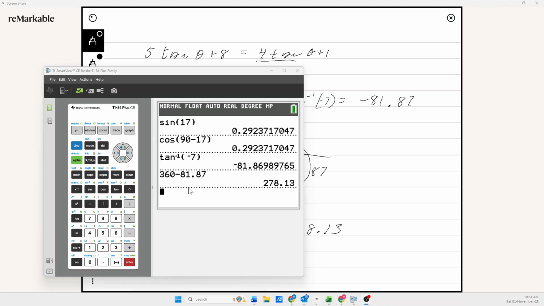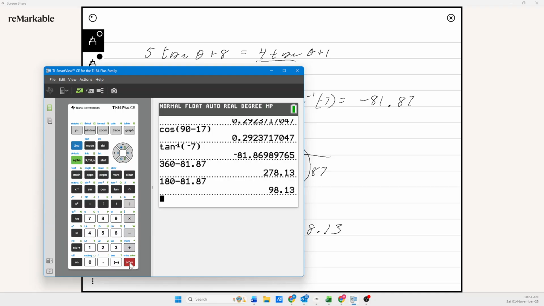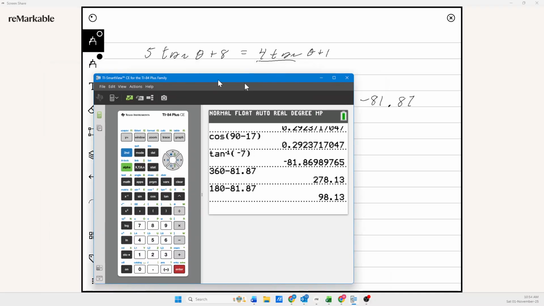The other one, sorry about that, is 180 minus 81.87, which is 98.13. And so those are my two angles.